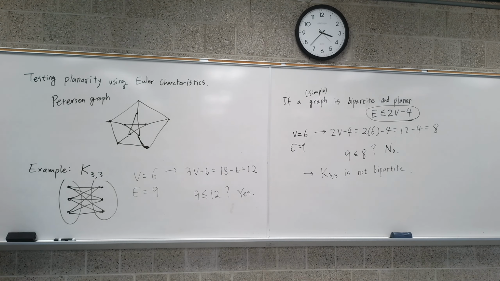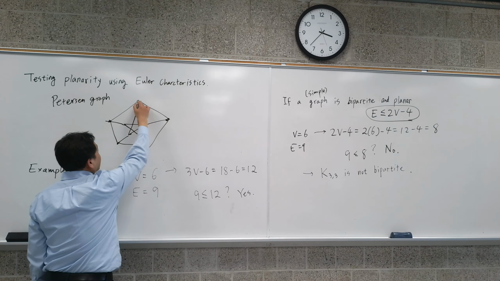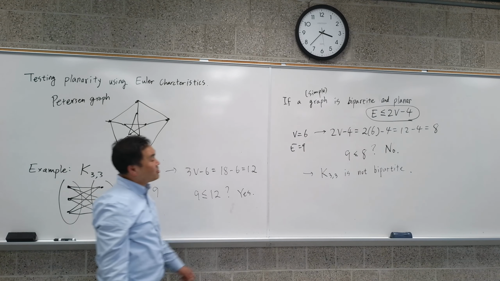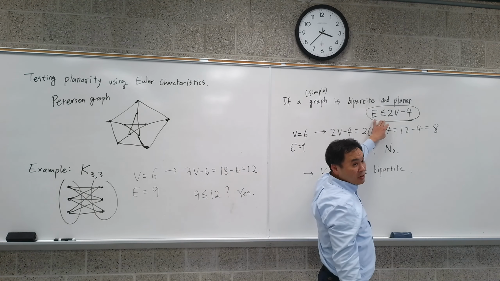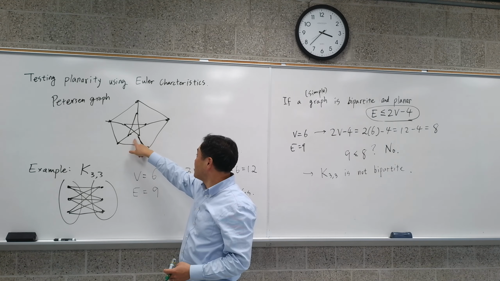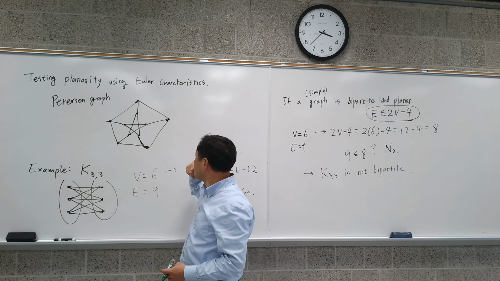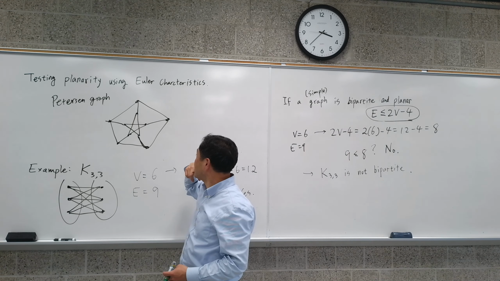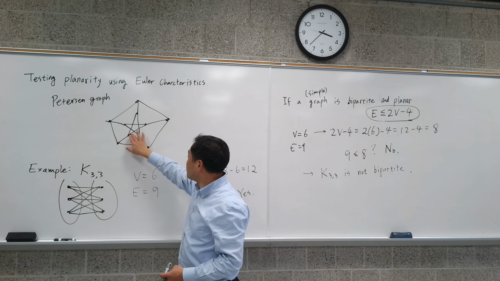Okay, so first of all, you want to see if you can apply this inequality. Can we apply this inequality? And the answer is immediately no, because if you try to do the coloring, see this one required at least 4, I think.